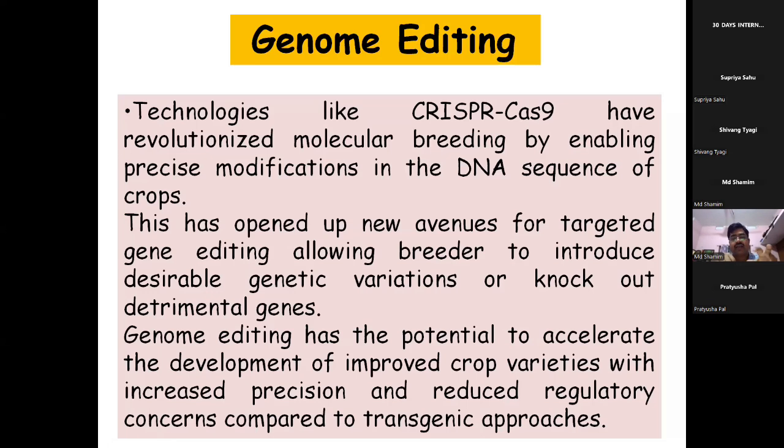So genome editing has the potential to accelerate the development of improved crop varieties with increased precision and reduced regulatory concern compared to the transgenic approach. This CRISPR-Cas technology in India is a method of transgenic, but the transgenic regulation is not bounding this technology for release for commercial cultivation and production.